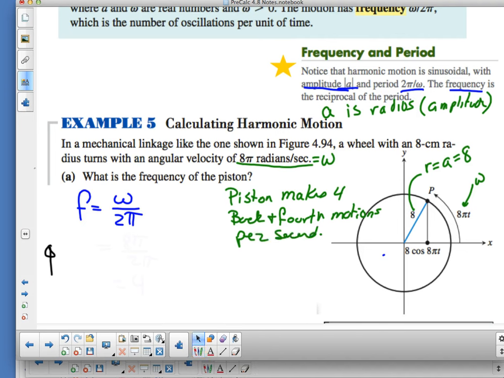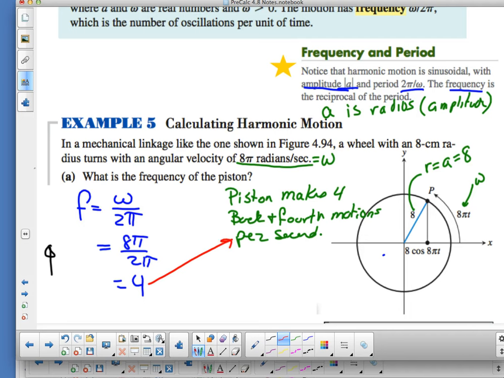And if I wanted to find my frequency, which is omega over 2 pi, I take my 8 pi, which is omega, divide it by 2 pi, and that's my 4. That's where I got that.